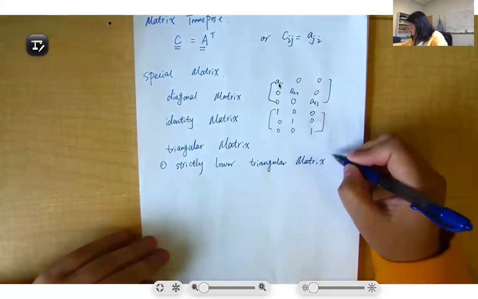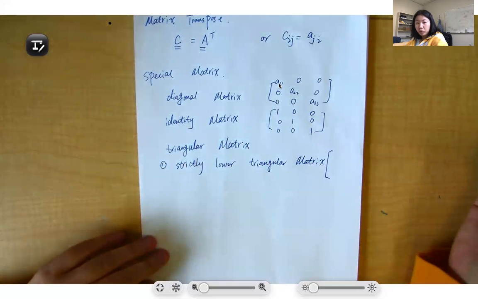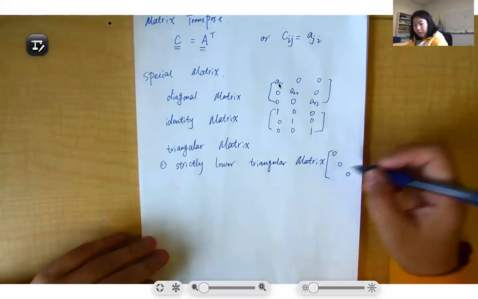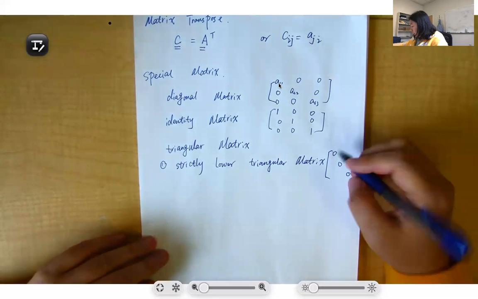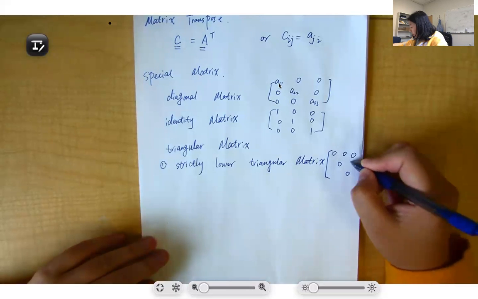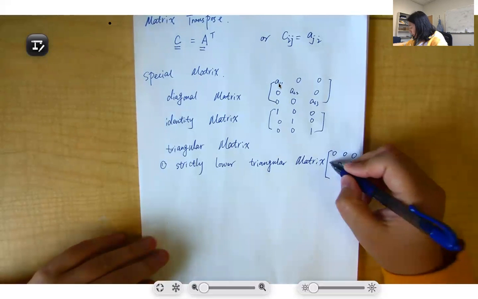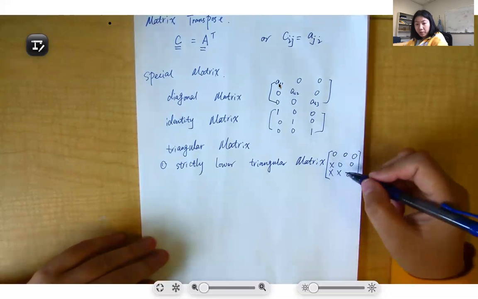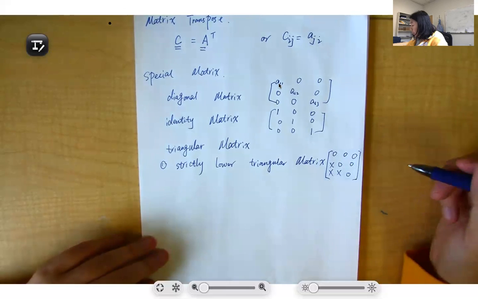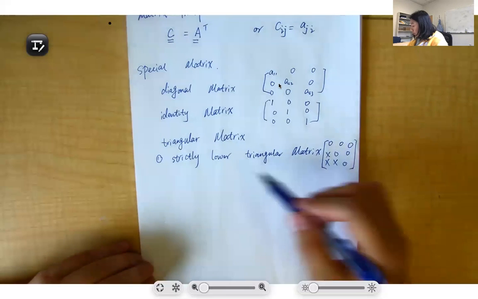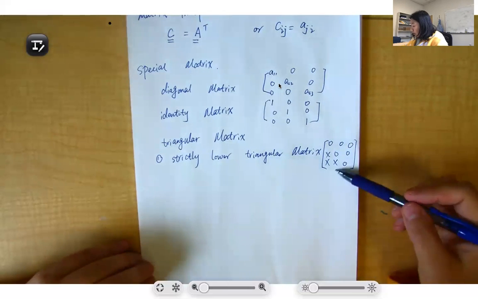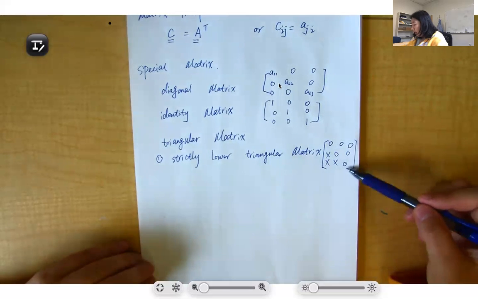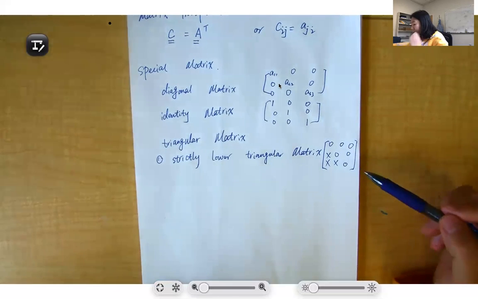So in that type, you will have the matrices look like this, 0, 0. So I still use the 3 by 3 matrices as an example. You will have x, x, x, where the x will represent a number there. That is the strict lower triangular matrices. So only at the lower side of the matrices have numbers. All the other parts will be 0.